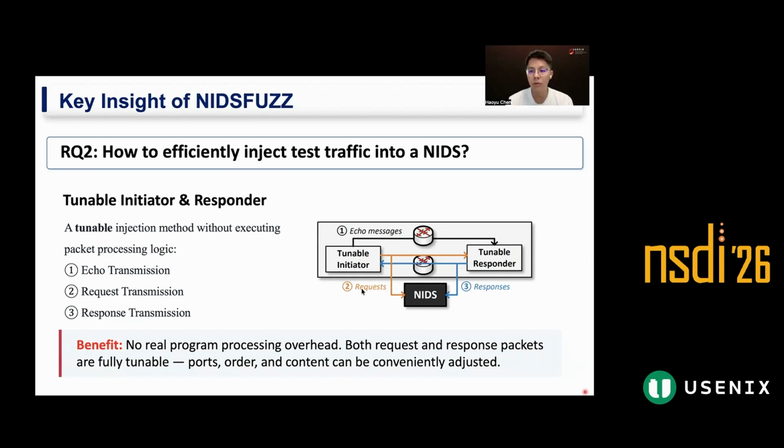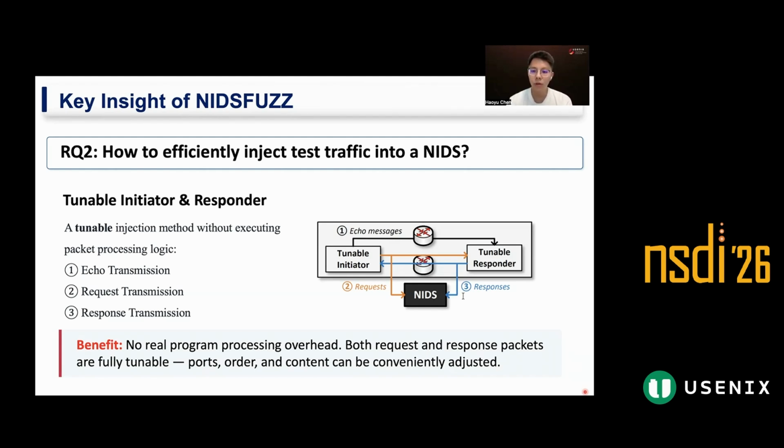For example, we could use a real HTTP client and a real HTTP server. But this approach has 2 problems. First, the real programs process every incoming packet, generate responses, handle session state, and most of that work is wasted because we don't actually care about the application logic. We care about NIDS behavior.